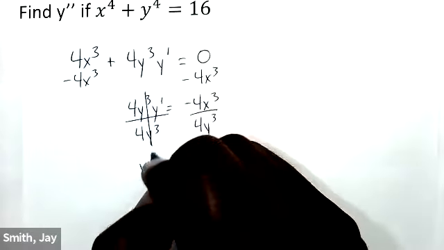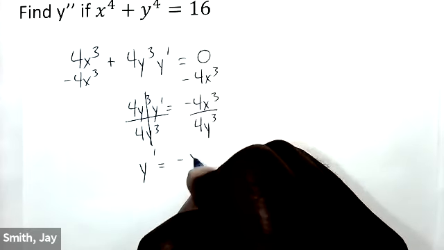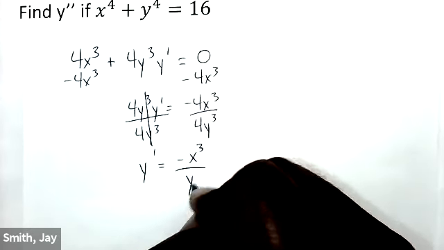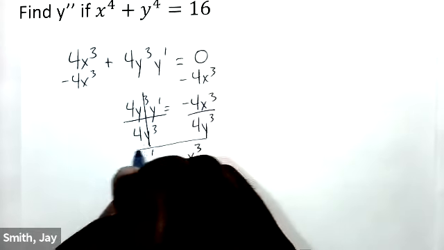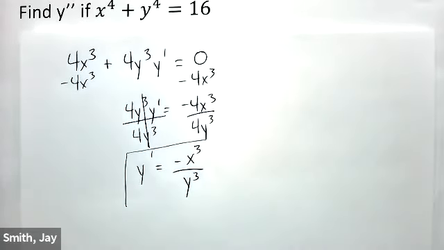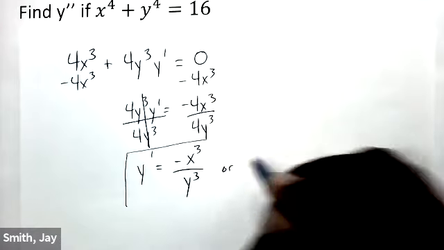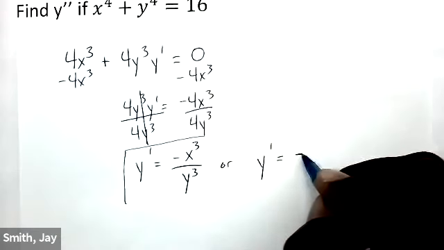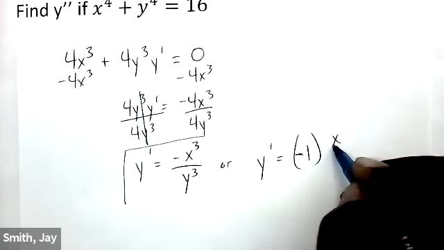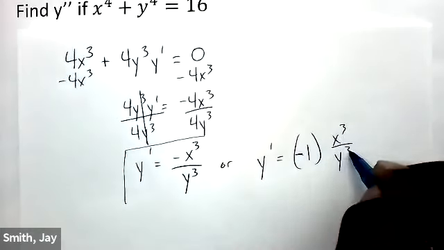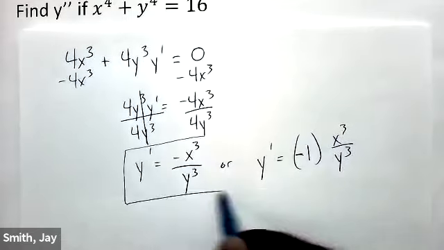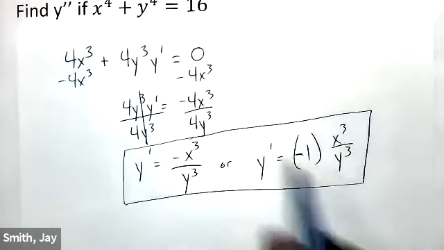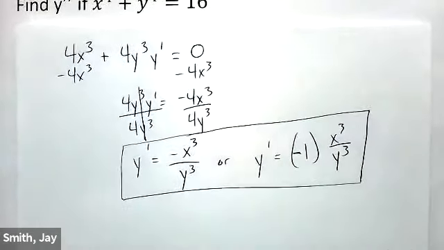So it's going to leave me with y prime is equal to negative x cubed over y cubed. Another way of looking at this, y prime is negative 1 times x cubed over y cubed, but we're just pulling out that constant multiple. It's understood to be negative 1.